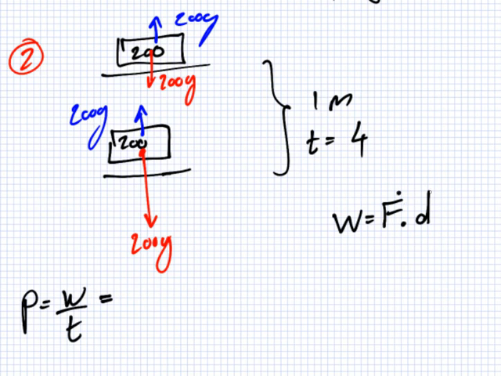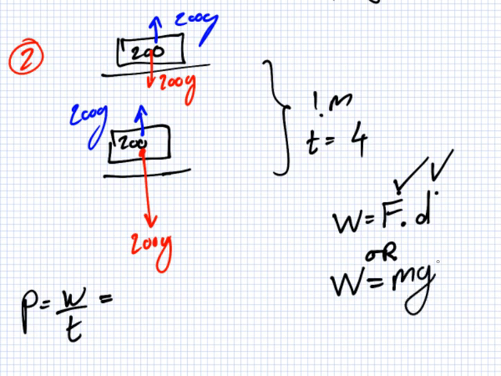Yes. And do you know the distance? Yes. 1 meter. Or you could also say that the work done was to give potential energy to the potatoes. So which formula do you prefer to use here? FD or MGH? MGH? Okay, so this will be MGH over T.